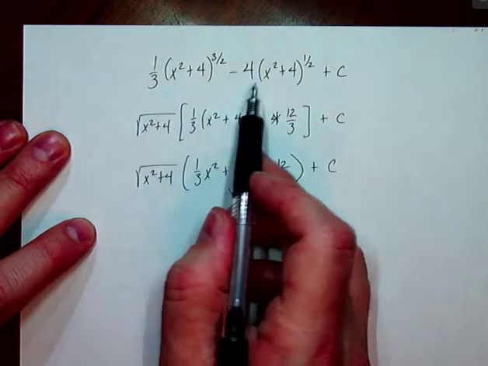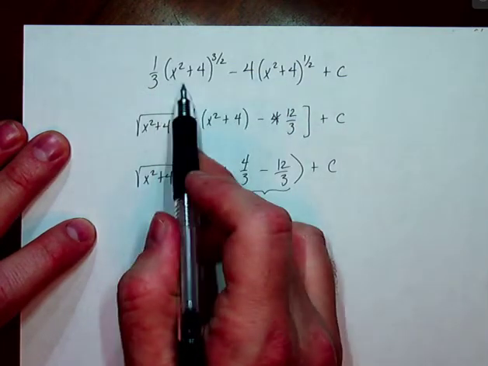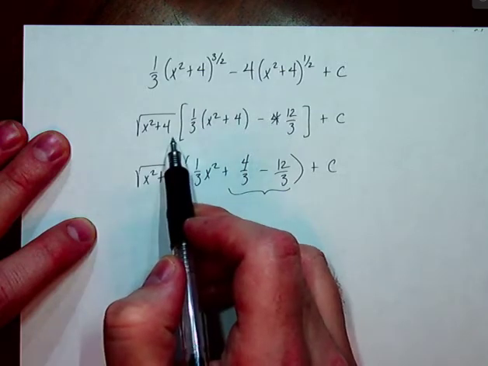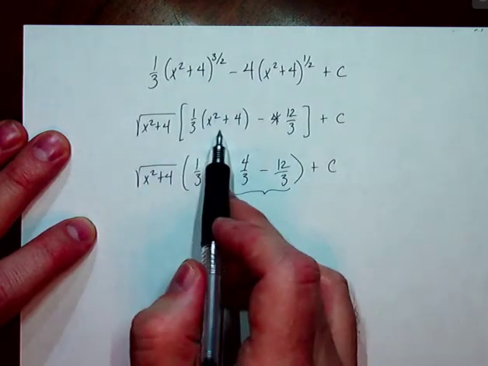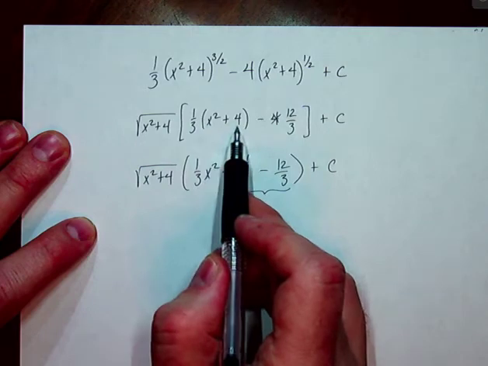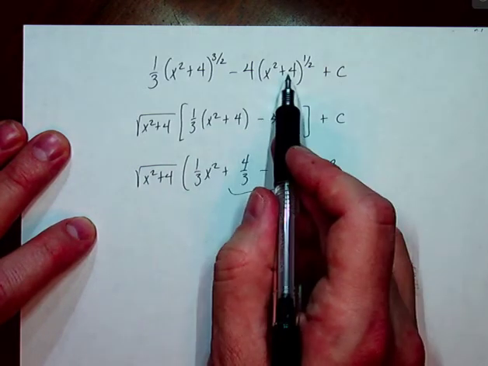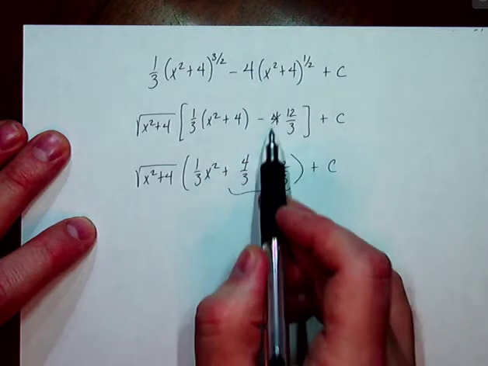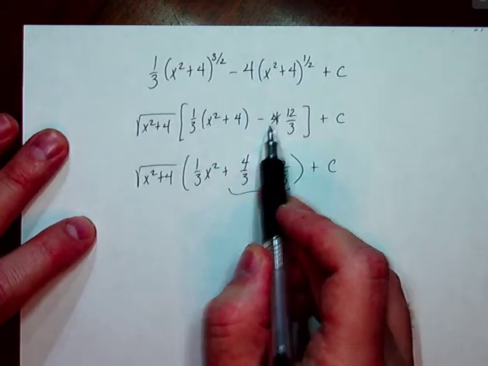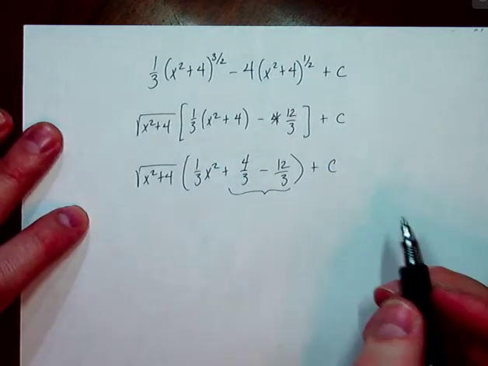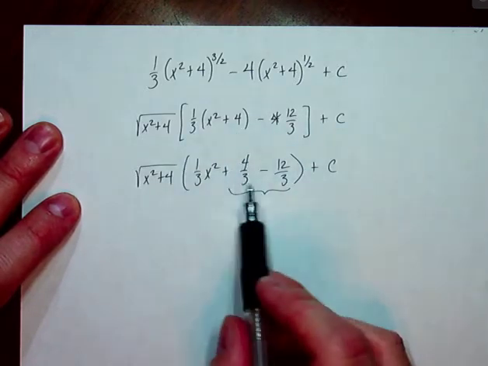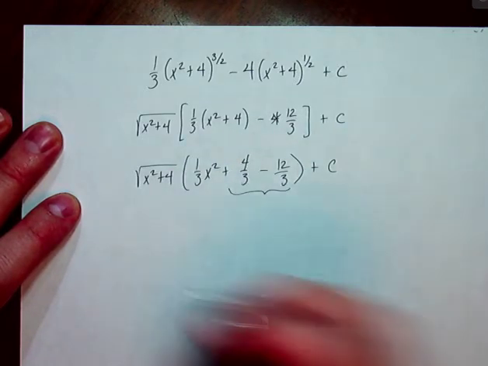All I've done is, just like the last one, I factored out the square root of x squared plus 4. Now, since there's 3 of them here, there's 2 left over. So this is x squared plus 4 to the 2 halves, which is just x squared plus 4. When I factor it out of this second term, all I'm left with is 4, but 4 can also be termed -12/3. Now I distribute the 1/3 and I can combine these into -8/3.